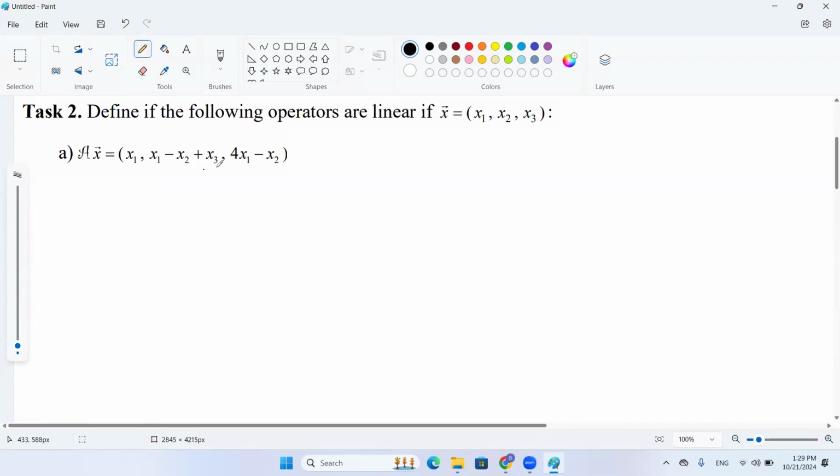The second coordinate looks like this, and the third like this. Now let's check the first, the homogeneity property, and it looks like the following.